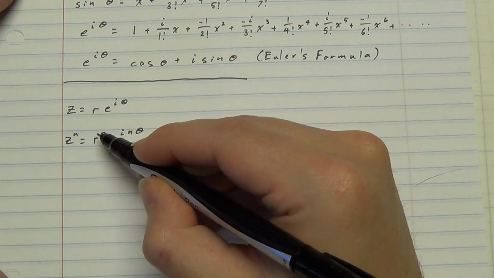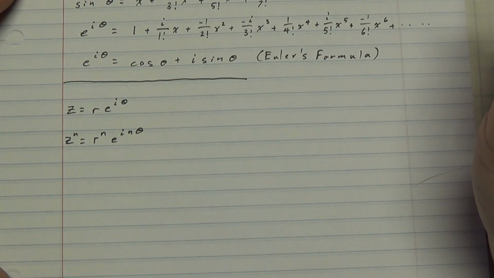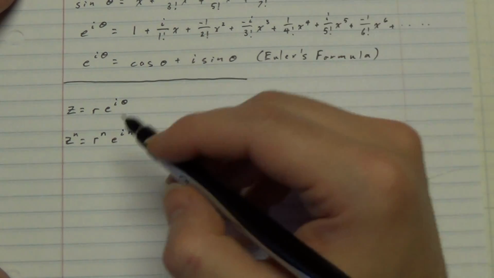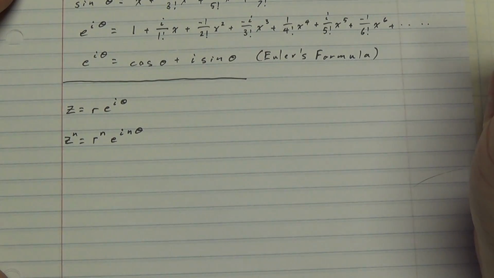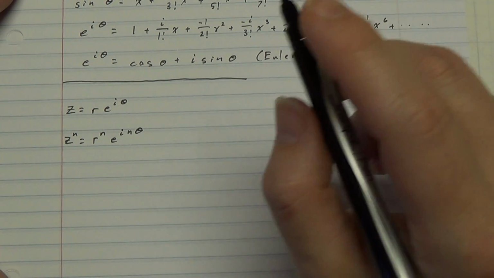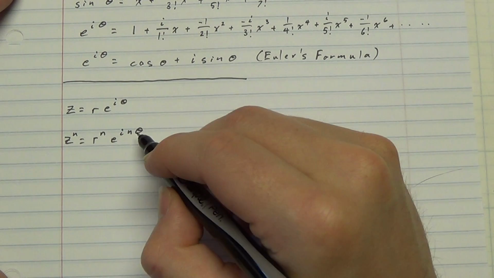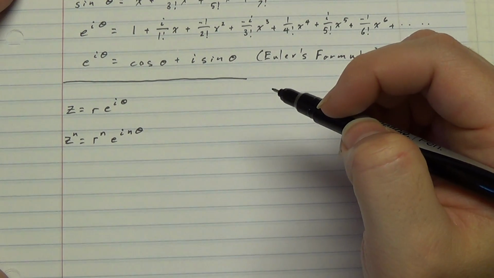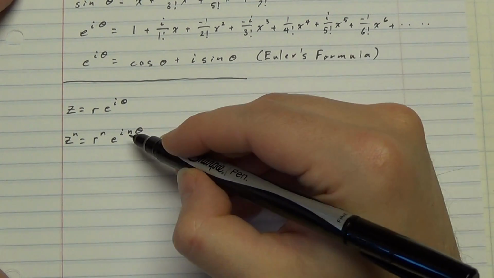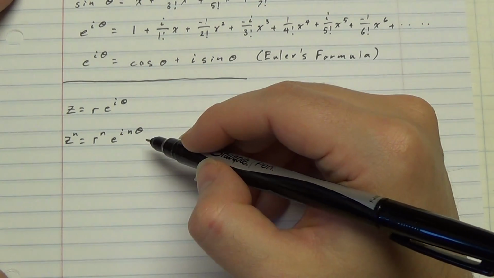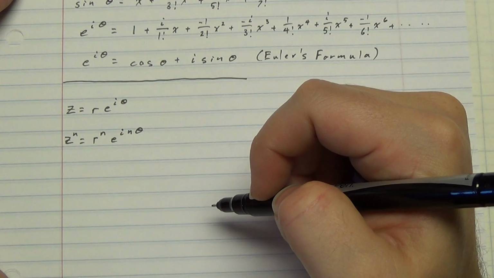So the magnitude of a power of a complex number is the power of the magnitude of the original complex number. The angle of the power of a complex number, called the argument, is the multiple of the angle described by the power.